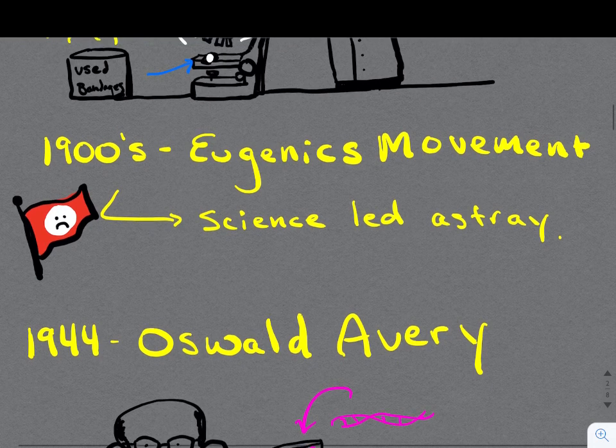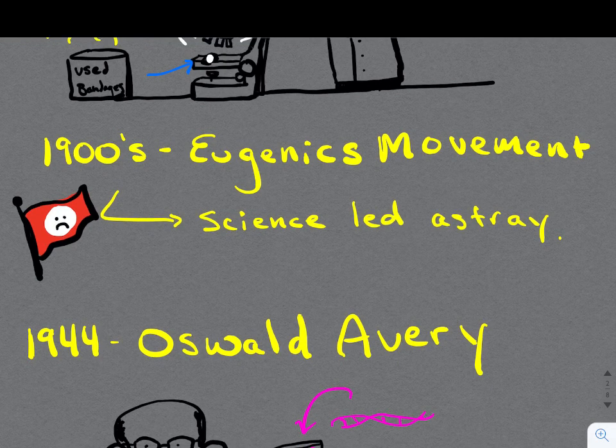After that, we unfortunately stumbled into some dark times within the world of genetics. In the early 1900s, up until the 1940s, there was this idea of eugenics, the idea that you could perfect genetics and have some dominant races, for example. And this led to all kinds of problems, scientific racism.